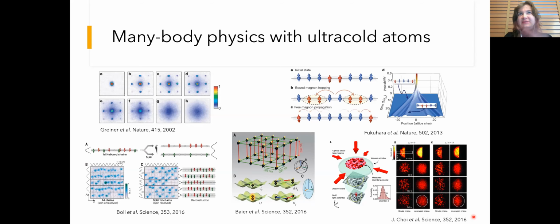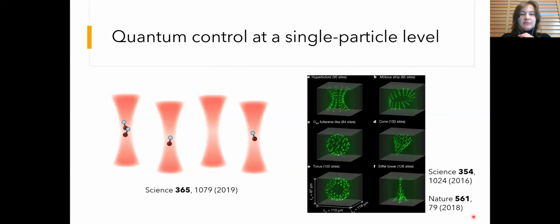And besides this quantum gas microscopy that gives us great detection skills, we can also really control the systems at the single particle level, thanks to the tool that's called optical tweezers.